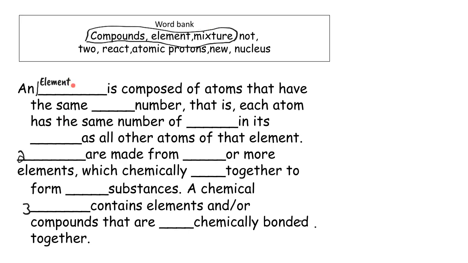All right. So an element is composed of atoms that have the same atomic number, and that have the same number of protons in their nucleus.